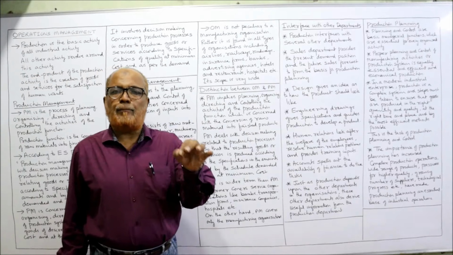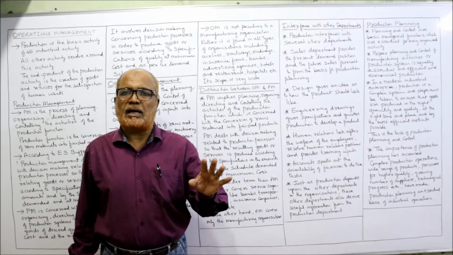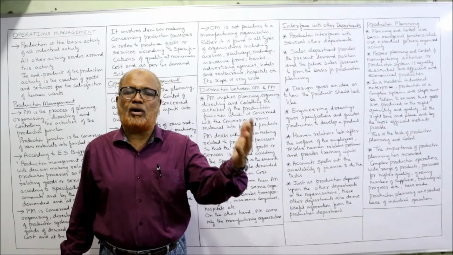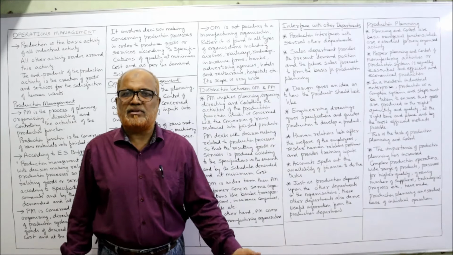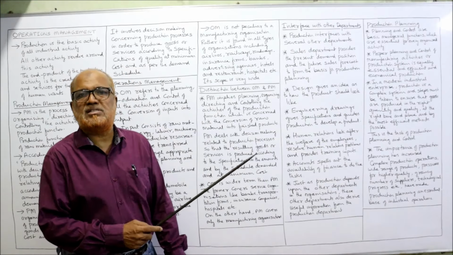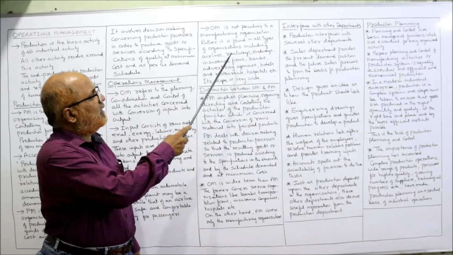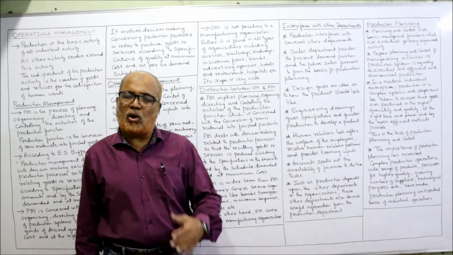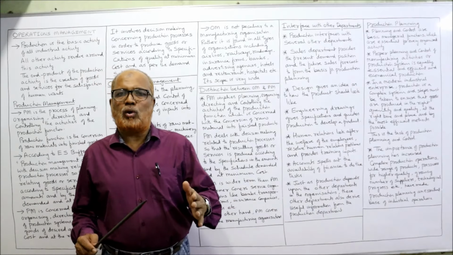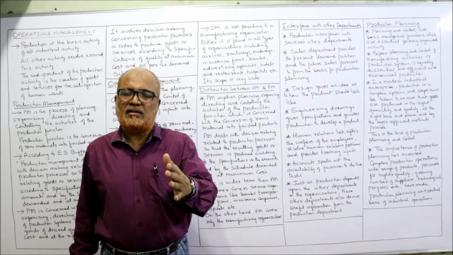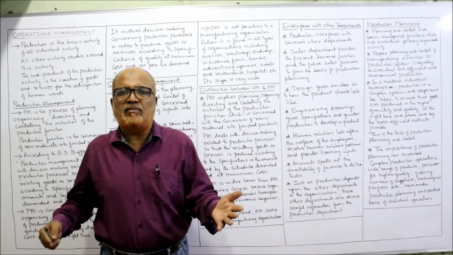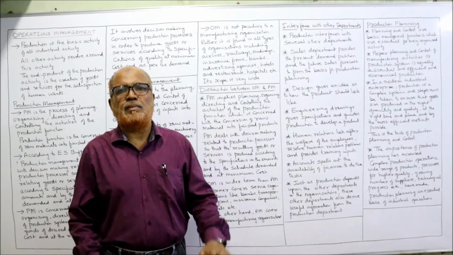Operations management is applicable to all types of organization, whether the organization is producing goods or providing a service. That is the reason why operations management is used in the service sector also, like airlines, railways, roadways, all transportation organizations. Airlines, railways, roadways are engaged in carrying passengers and goods from one place to another. They are providing the service. They will use operations management.